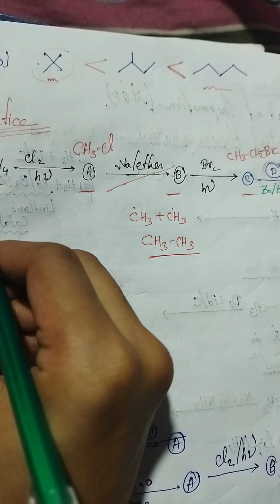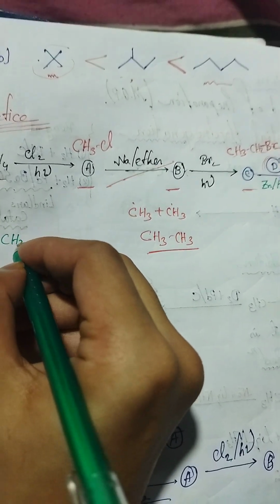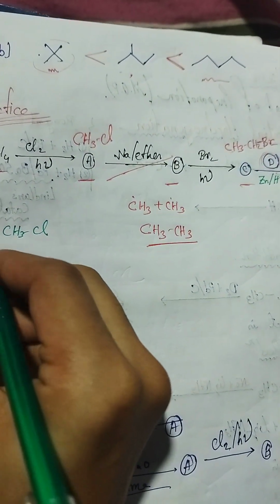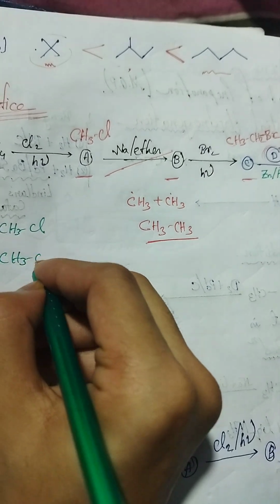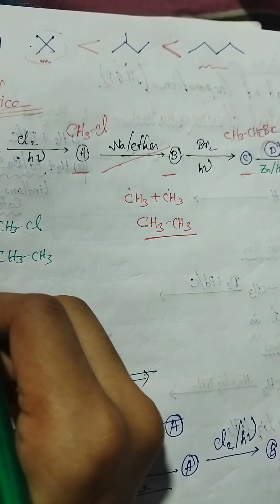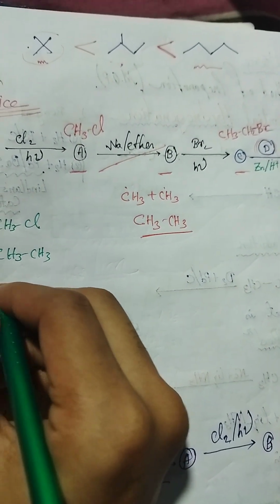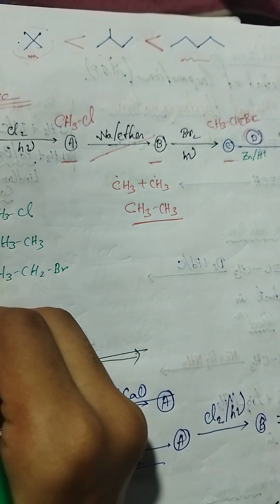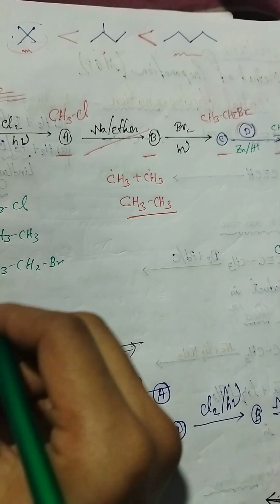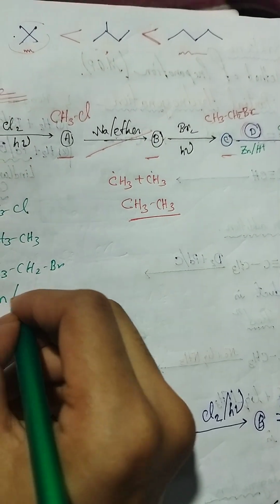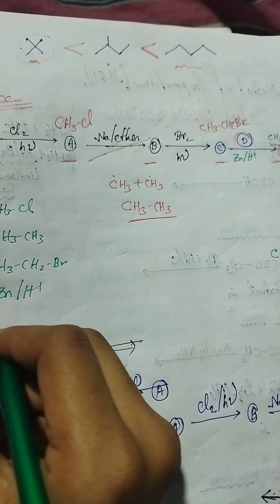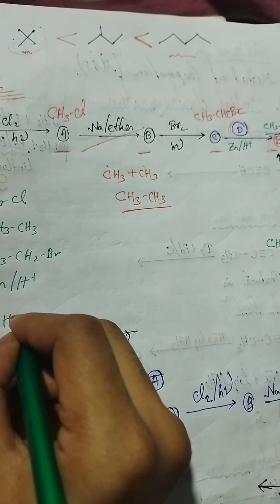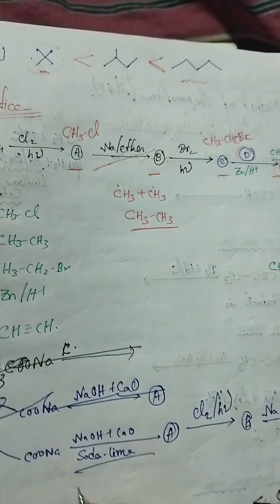So A is CH3Cl, B is CH3CH3, C is CH3CH2Br, D is Zn, H+, E is CH triple bond CH.